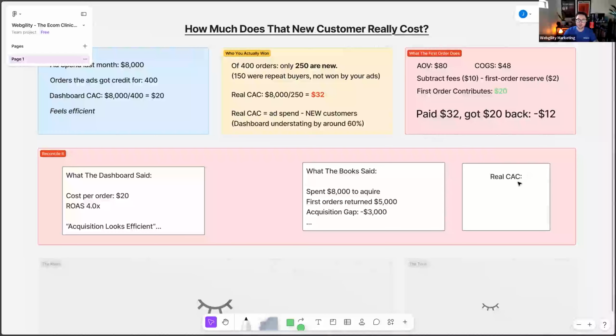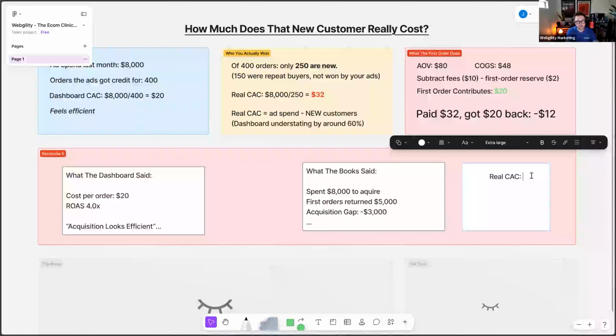So what that ends up being, and we'll just say your real CAC is $32, just to reiterate. And that gives you a four times ROAS that hides a $3,000 acquisition hole until they actually reorder from you.